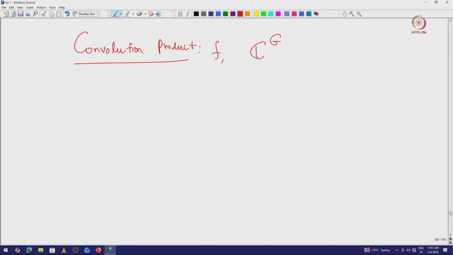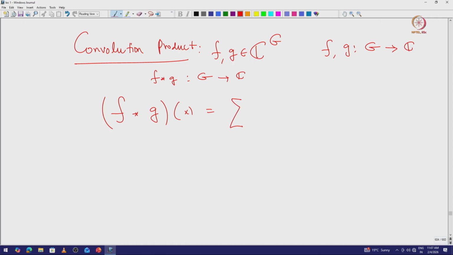Let us take two functions f and g, both functions from G to C. Now we want to define this convolution f star g, which is again a function from G to C, defined at value x to be the sum of f of x y inverse times g of y, where y varies over G.